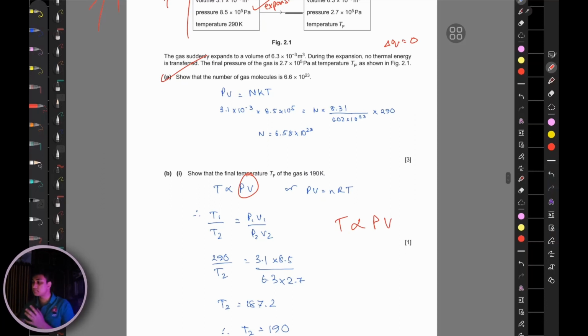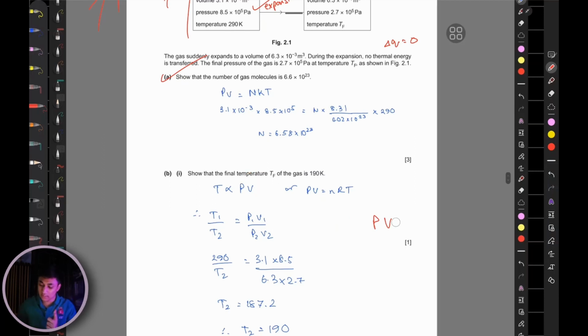Therefore, with the same ideal gas, same mole or same number of molecules of any ideal gas, if I increase the temperature, decrease the pressure, increase the volume, whatever I do, temperature will still be proportional to my pressure and volume product, right?